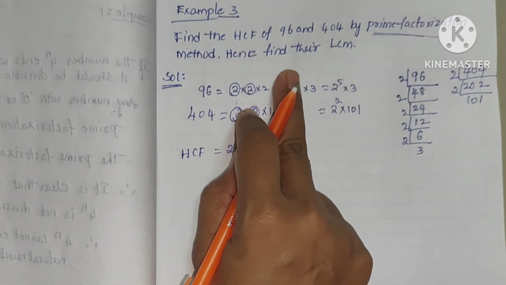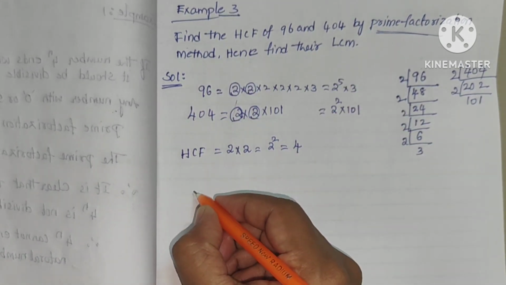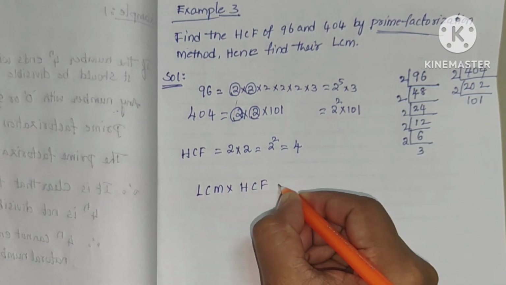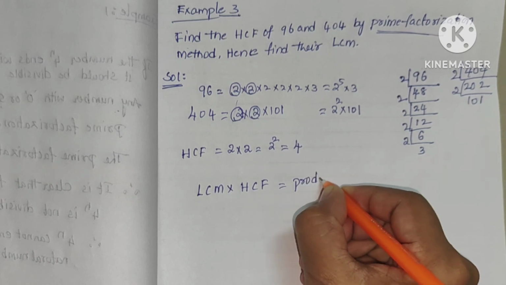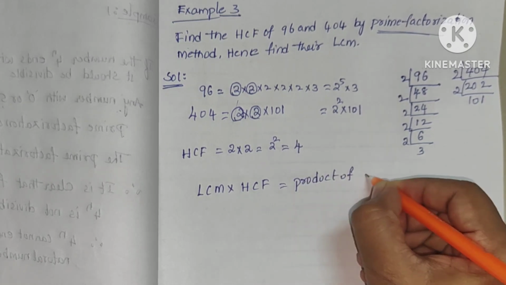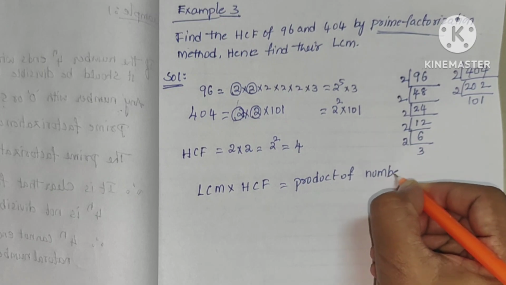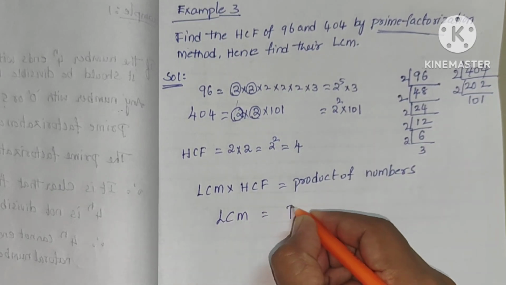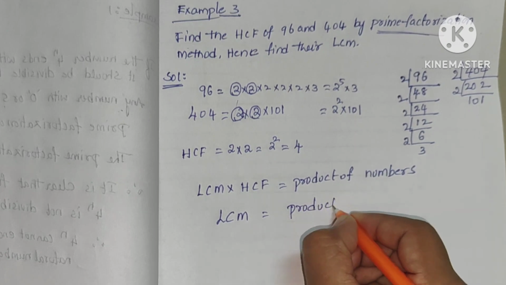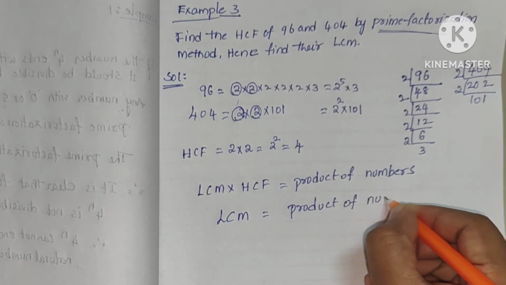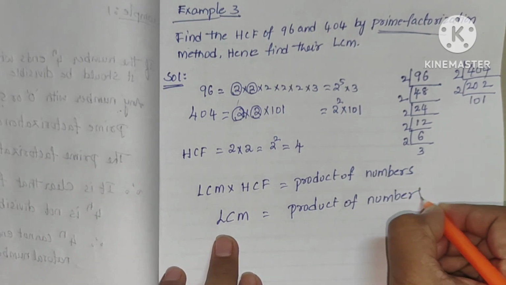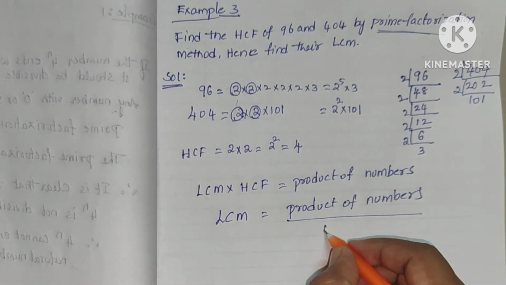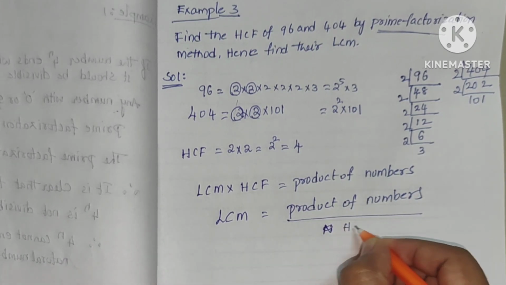And from this we have to find their LCM. So we know LCM into HCF is equal to product of the numbers. So from this, LCM is equal to product of numbers by HCF. In the LHS, HCF is in multiplication, so after transposing, it comes under division.